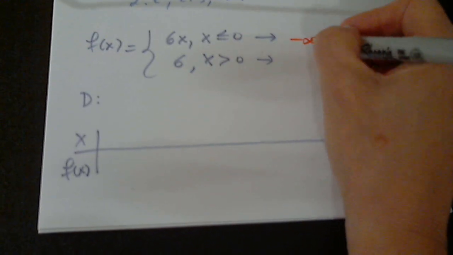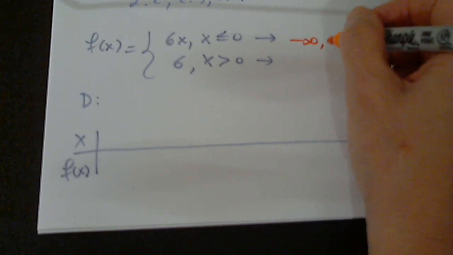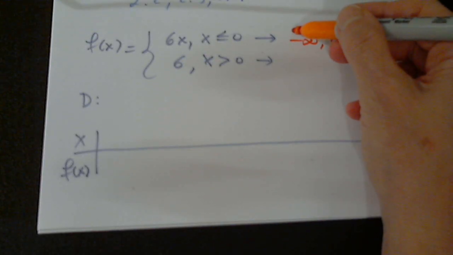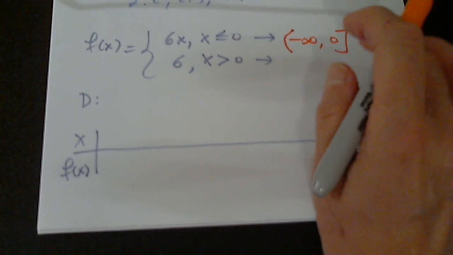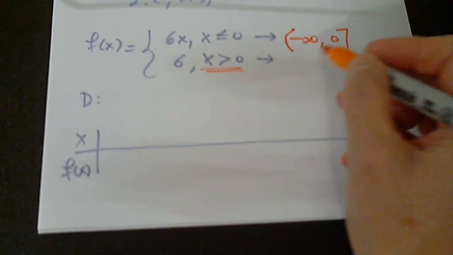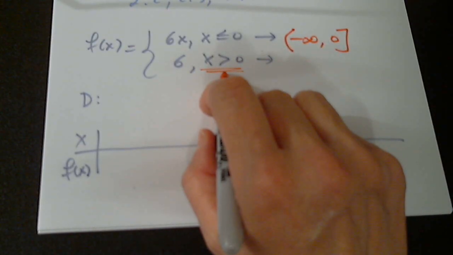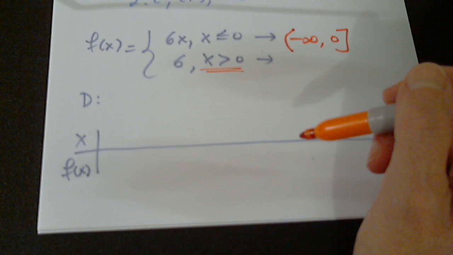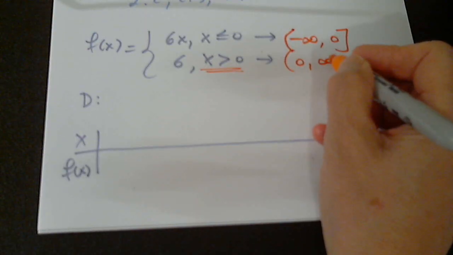Negative infinity, 0, bracket. Open, very good. And? Bracket. Closed or open? Closed, bracket. Perfect. What about this? This should take very little time because we talked about intervals and we practiced this. Parenthesis 0, comma, infinity. Excellent.